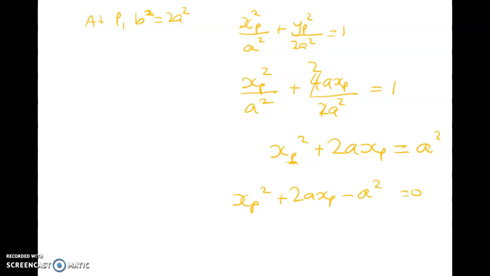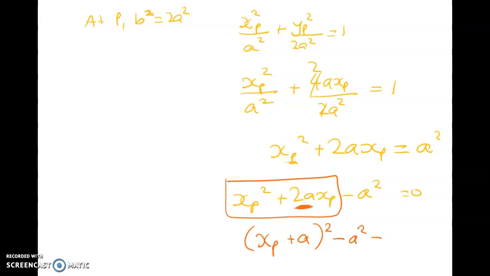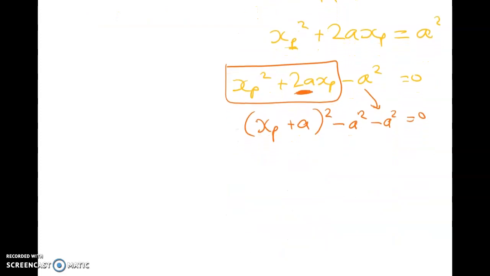So if you've been in my class, you'll know that I'm going to do completing the square on that because this is an even coefficient. Completing the square gives me xp plus a squared minus the a squared I've added in, minus that a squared is equal to 0. Solving that gives me xp plus a is equal to plus or minus the square root of 2a squared, which is plus or minus root 2a.